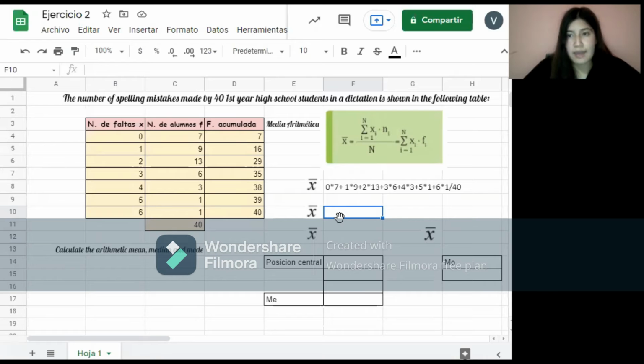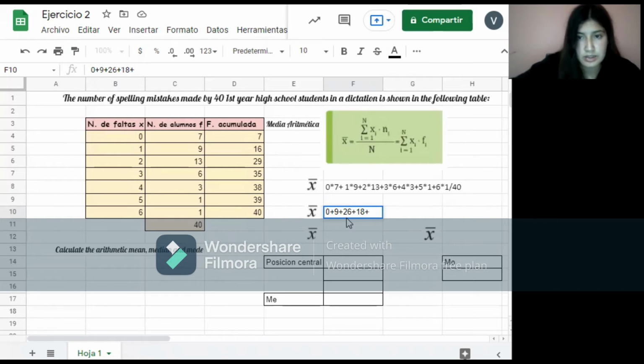Okay, and then we solve the multiplications and we are left with 0 plus 20 plus 9 plus 26 plus 18 plus 12 plus 5 and plus 6 over the 40.